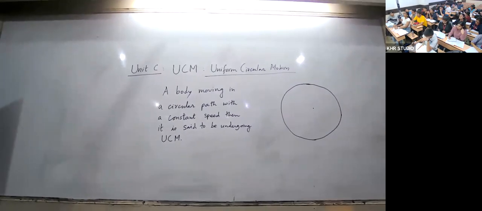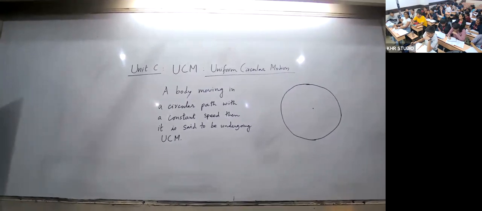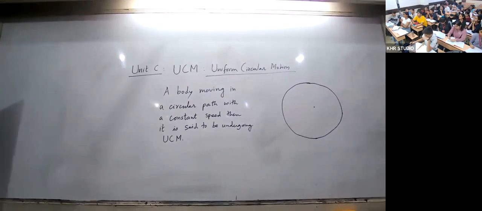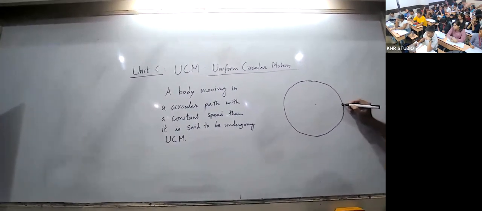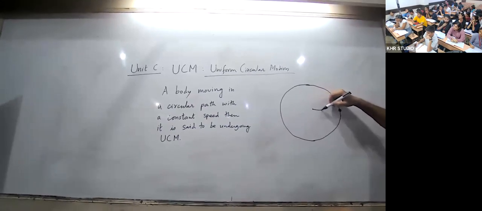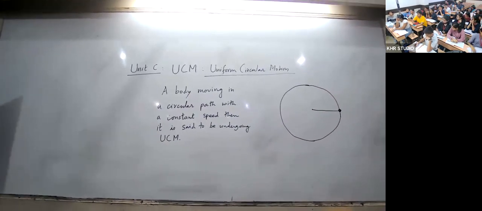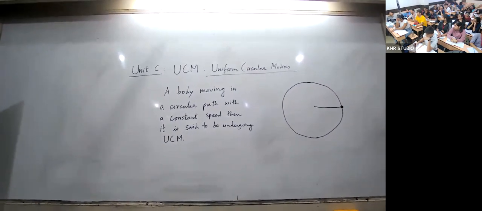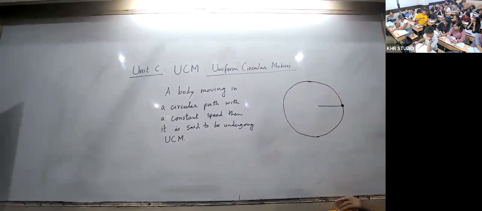Again, the easy example to understand this is a stone tied to a string. Let us say there is a stone tied to a string and it is rotated like this in the horizontal plane.